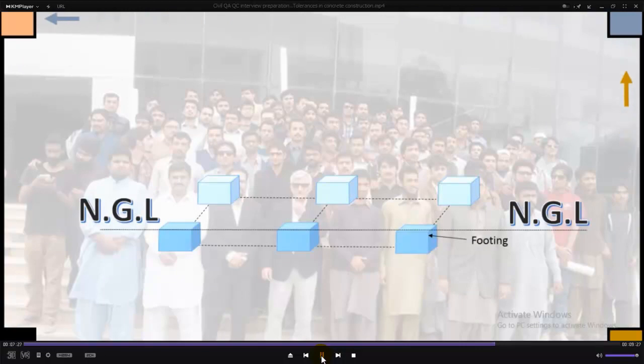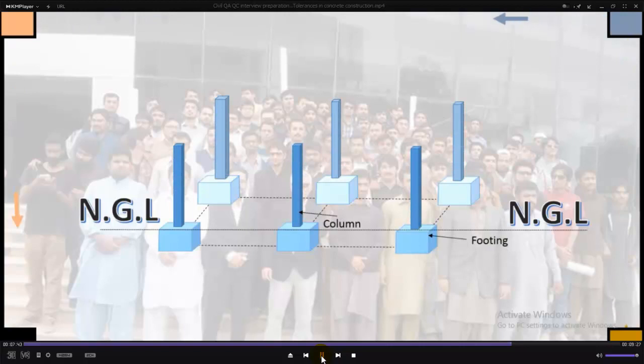Similarly, variation in the level of columns, beams and slabs from the level and from the grades indicated in drawings will be discussed here. As you can see, footings are below the natural ground level and columns are above natural ground level.